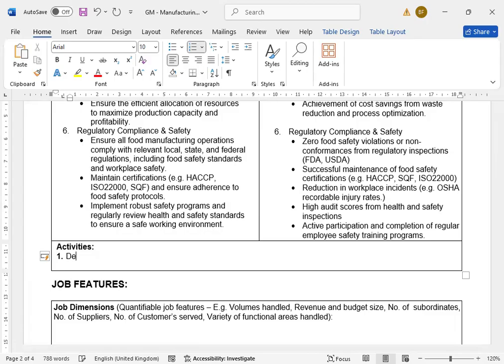He's going to develop and monitor daily or weekly and monthly production schedules.